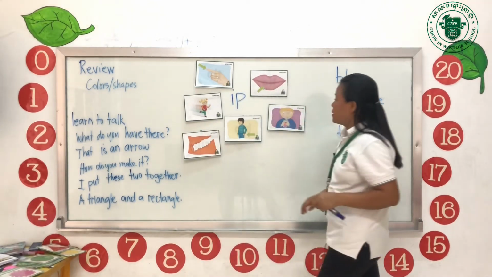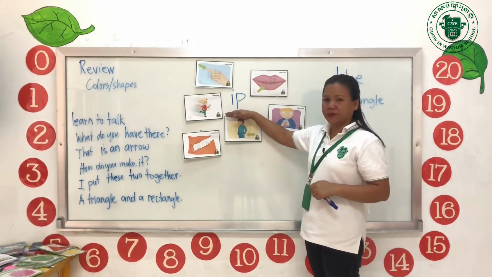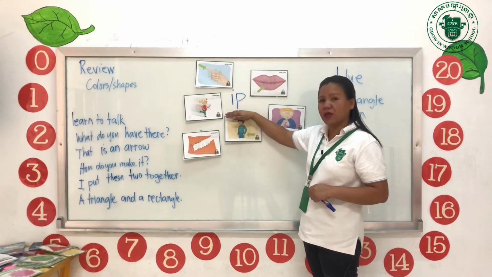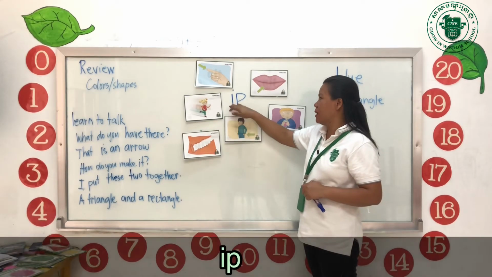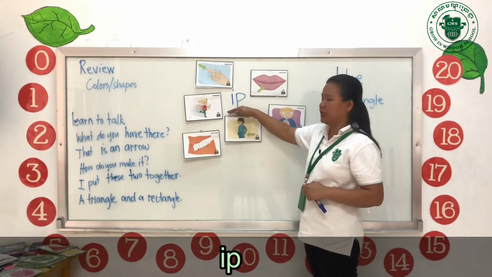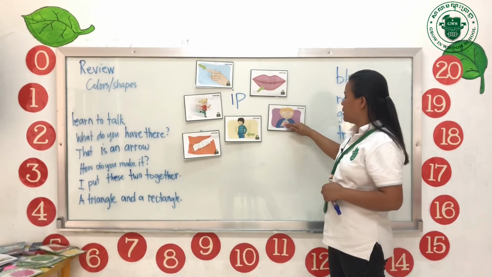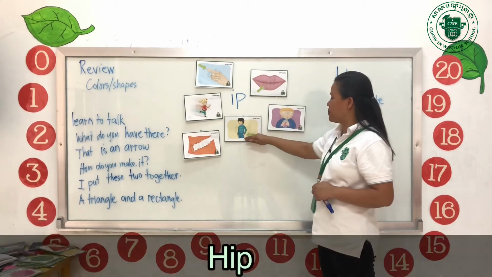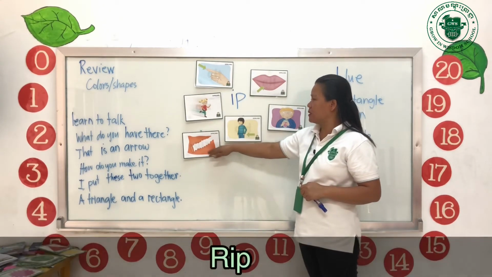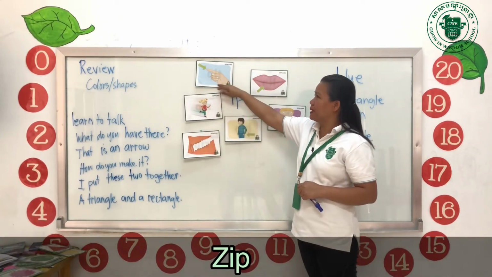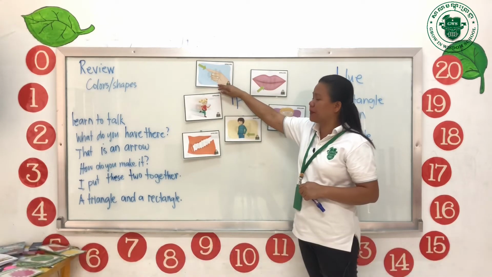What is the sound of IP? Ip. Lip. Zip. Hip. Rip. Zip. And tip.